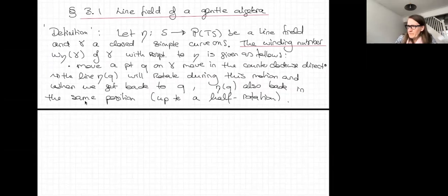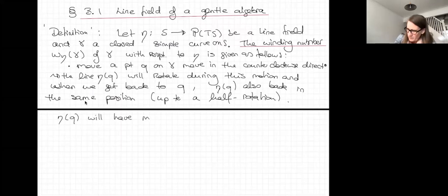So eta Q will have made several half turns or U-turns. By that I mean rotation by pi.